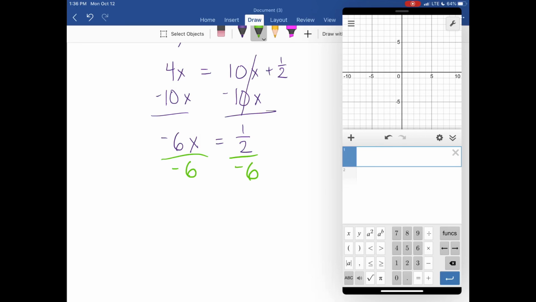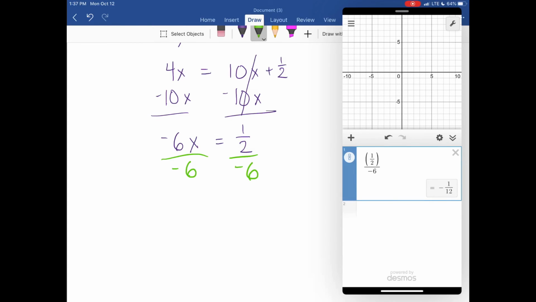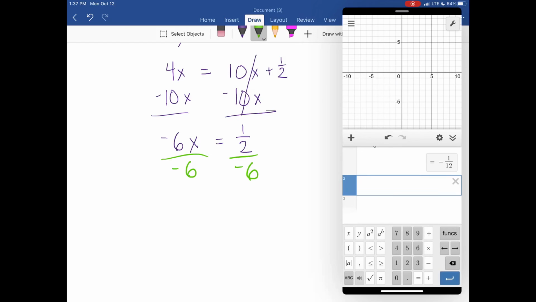So folks, if you are using Desmos to clean up 1/2 divided by negative 6, let's be really careful about what you're telling the calculator to do for you. You're telling that calculator, take 1/2 and divide it by negative 6. And then Desmos is going to tell you, that's negative 1/12. And you know what? Desmos is right. But here is what I don't want you doing.